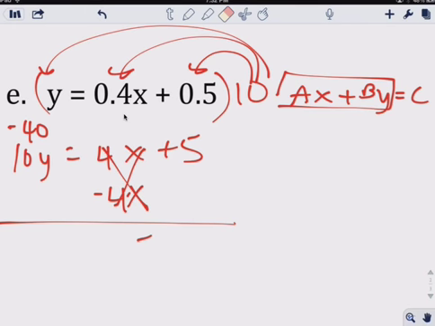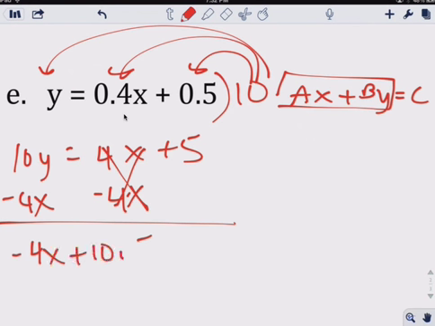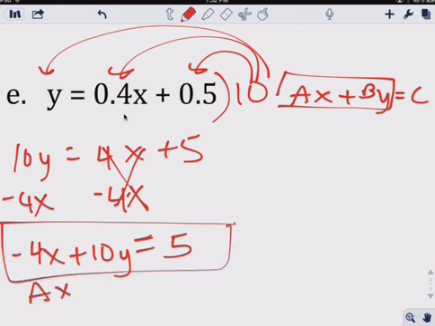Why am I adding this? How did I get 40? Oh, wake up, Miss Wilcox. Okay. Negative 4x plus 10y. I hope you guys all know how to do this, because this is painful for me. Okay? That's in ax plus by equals c format. Look at that.